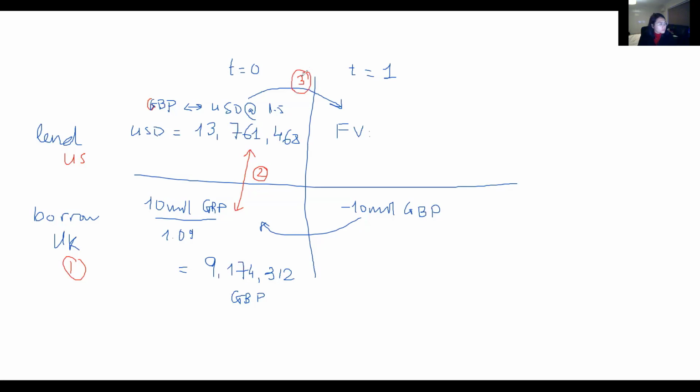Okay. So I'm going to take 13 something million USD, and I'm going to times it with 1 plus the interest rate in the US. Okay. This is a 1 year investment, so I'm not going to do any power.